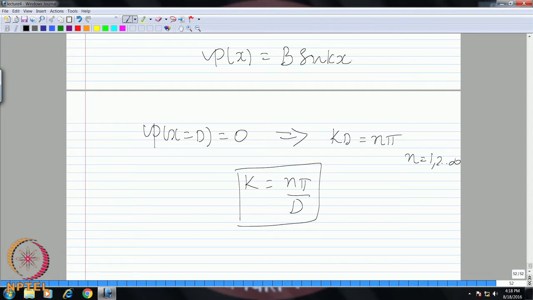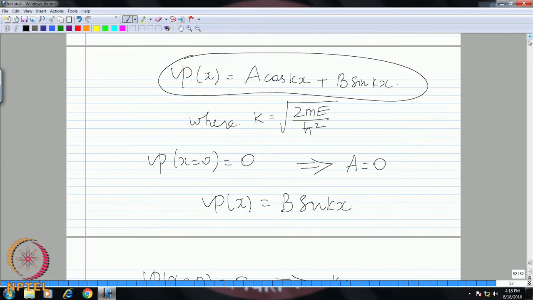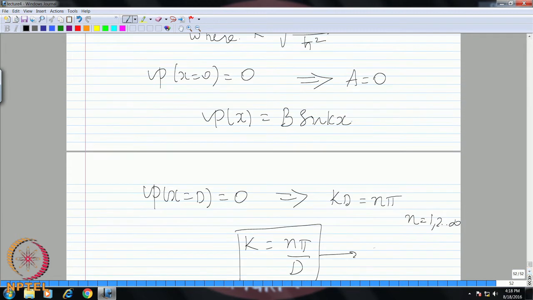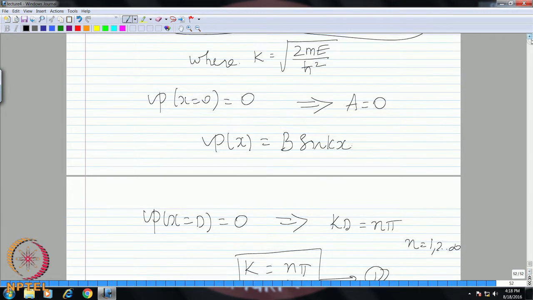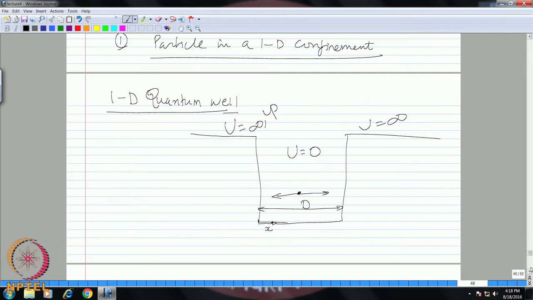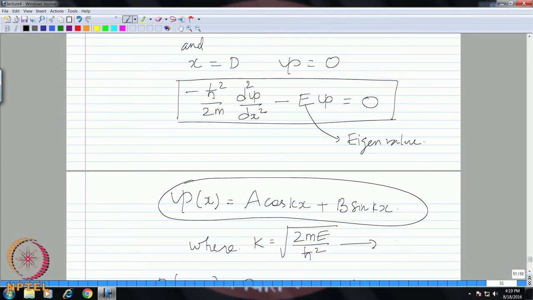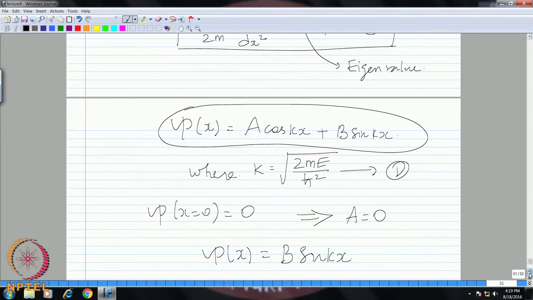So, now with this we can express the solution for capital E. Let us call this equation number 1 and the second one equation 2.